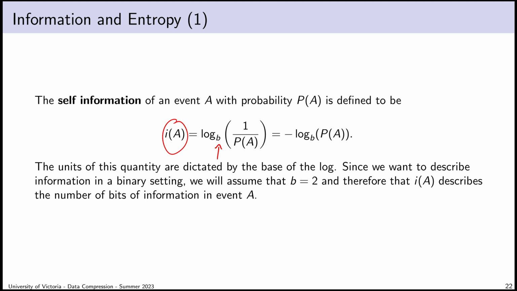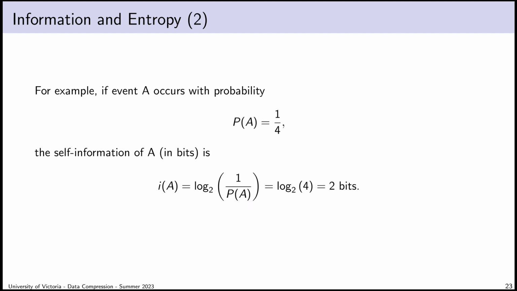So we say, therefore, that I of A, the information of A, or the self-information of A, describes the number of bits of information in event A. And when I say in event A, think about me telling you event A did occur. The process of me transmitting that information to you, how much information have you received? So one example is, suppose that event A occurs with probability 1 over 4, so 0.25.